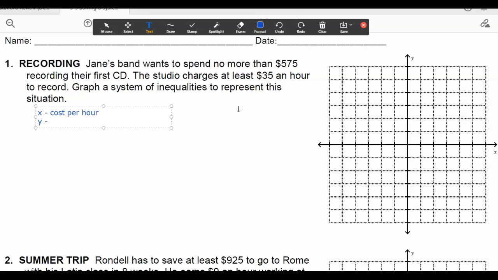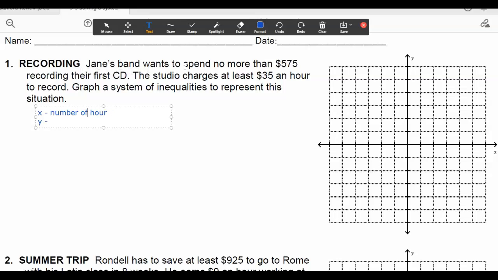So it says the studio costs $35 an hour, or sorry, not the cost per hour, the number of hours. Because if she goes for 1 hour, it would be $35. If she goes for 2 hours, it would be $70. So we'll say that X is the number of hours she goes into the studio.